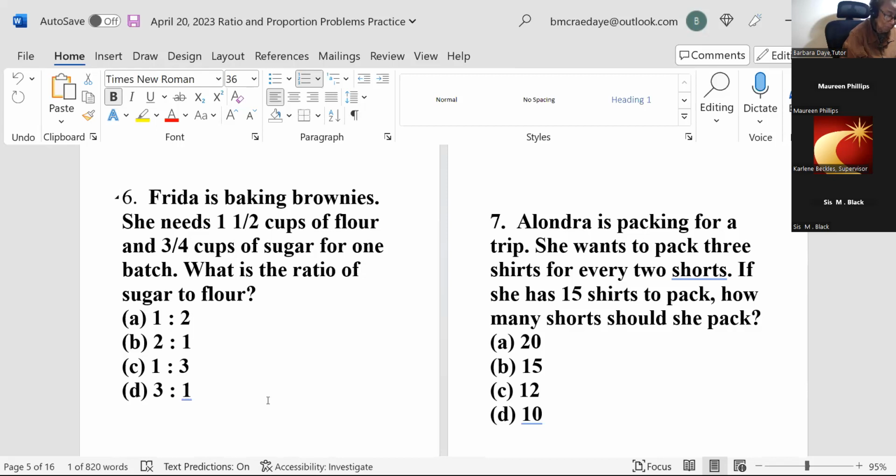So it could be only 3-to-1. It can't be 1-to-3. A quarter of a cup, 3/4 of a cup is a little less than 1, so you could say 1. And 1.5 cups is almost 2 cups. So I'm going to say B, Miss Barbara. Maybe I'm wrong.